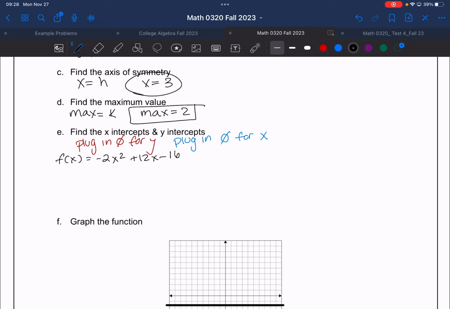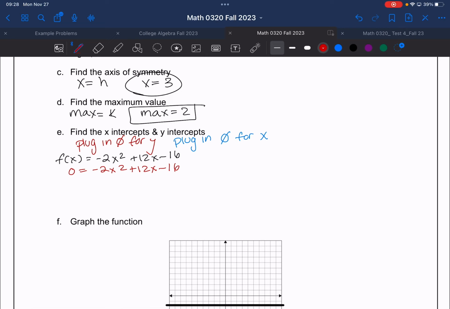So if we're finding the x-intercepts, we need to plug in 0 for y. But we don't see y here, but we remember that y is the same as f of x. So this is going to be 0 is equal to negative 2x squared plus 12x minus 16. This shows us that we have a quadratic equation equal to 0, so we're going to have to try to factor.